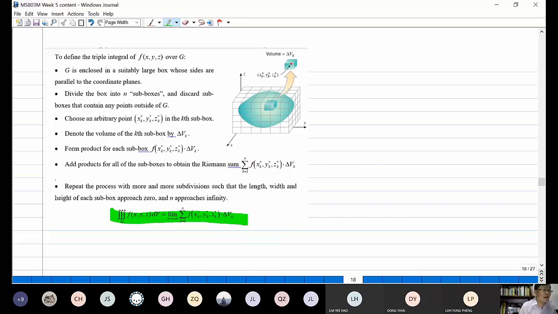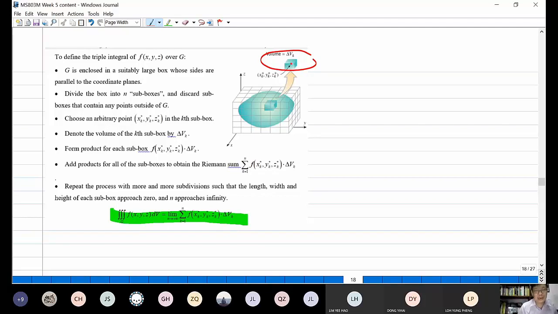Just now in a double integral you get the area element dA. For a triple integral you have the volume element now, a little cube called the volume element, delta V. So what you actually have is a little cube inside the solid.